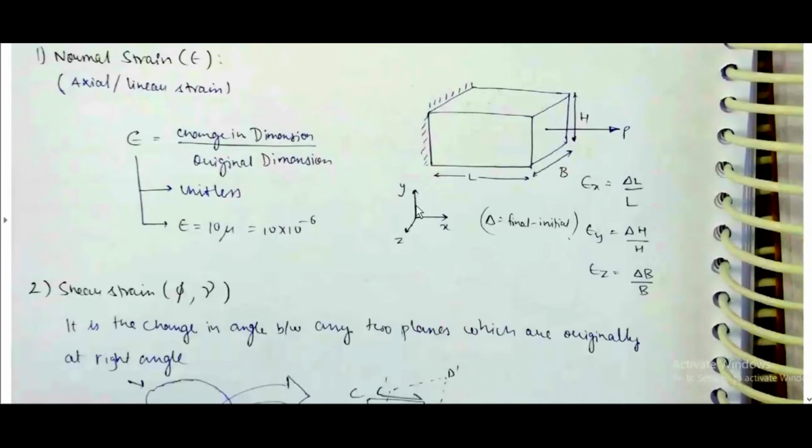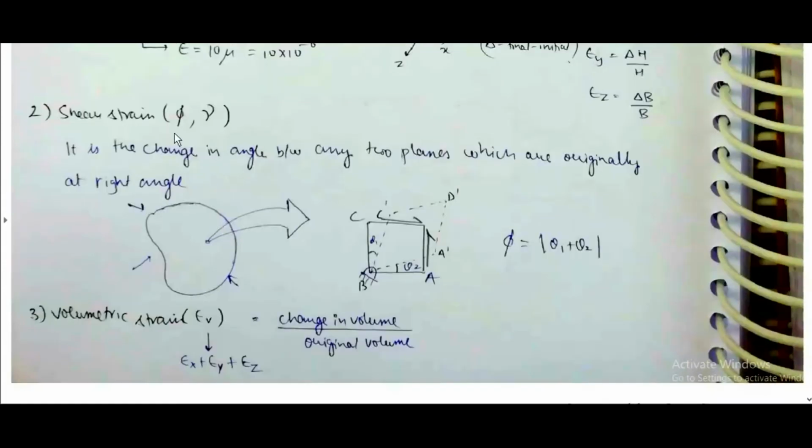According to coordinate system we will decide normal strains. Okay, shear strain, phi or gamma, is the change in angle between any two planes which are originally at right angle.